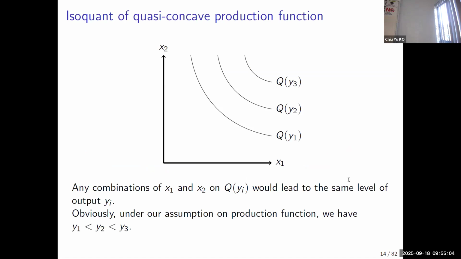And when I draw this, you are reminded what assumptions we make here. First, if y3 is bigger than y2, bigger than y1, then we are saying it is monotone, or strictly increasing. That's the first assumption. The second is quasi-concavity, so that's why you have this shape.